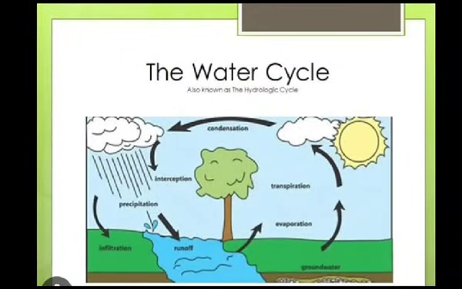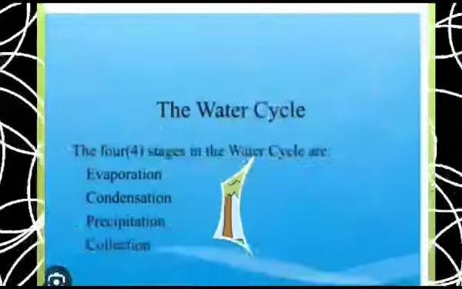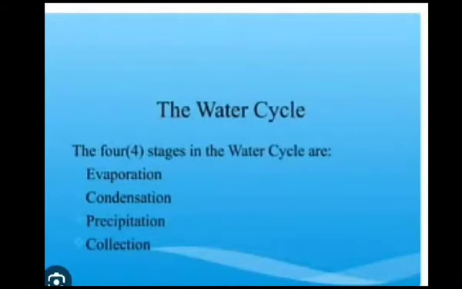Students, water cycle. The process by which water continuously changes form and circulates between the oceans, atmosphere and land is known as the water cycle. The water reaches the atmosphere from the ocean through evaporation in the form of water vapor.